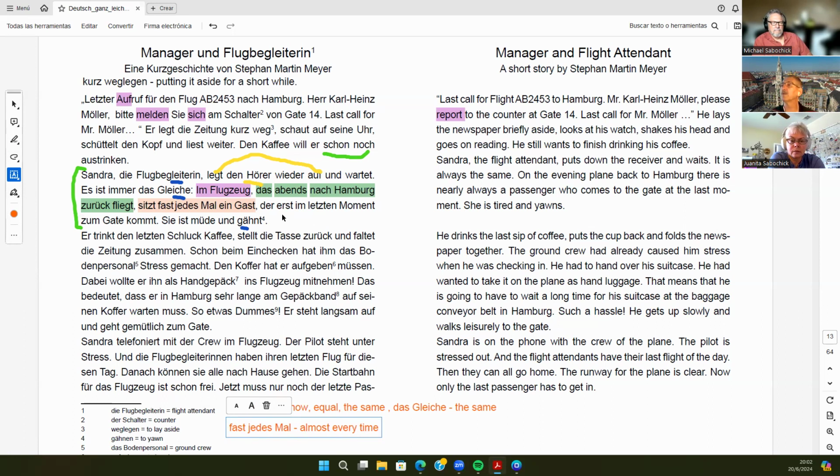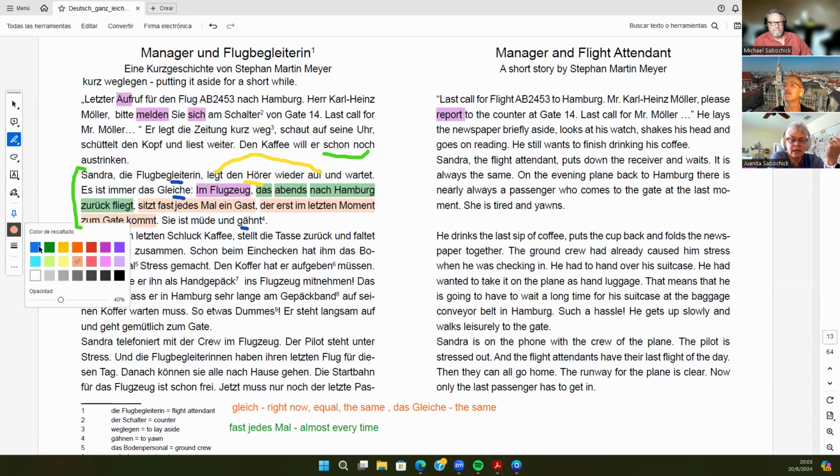Okay, so what about the Gast? Now we got the other prepositional phrase. So now they're going to explain to you again about the guest. We have again the explanation about the Gast.